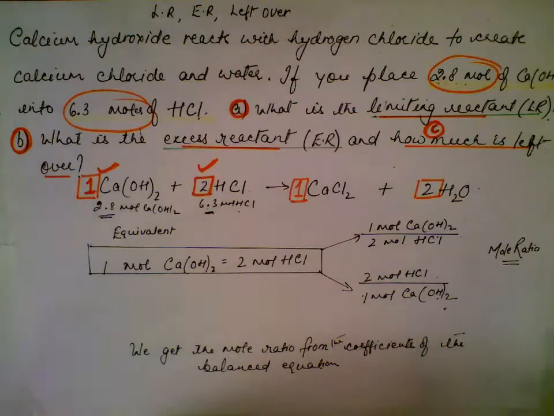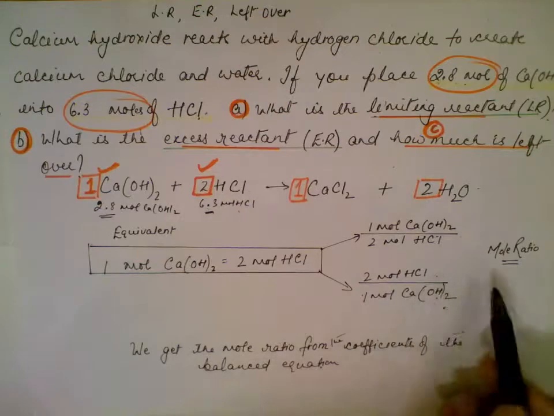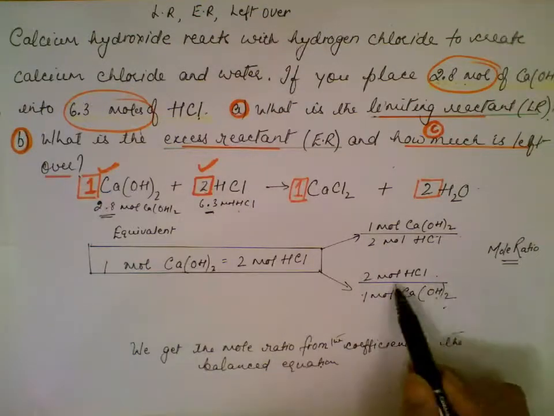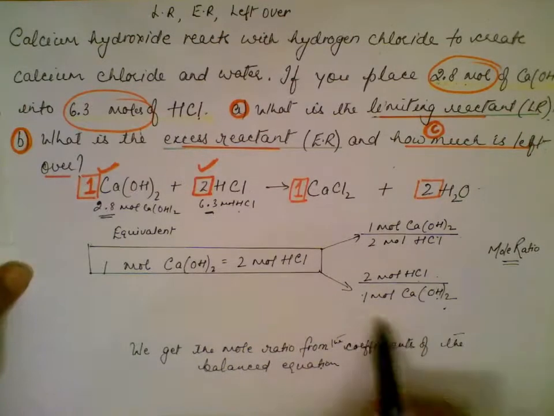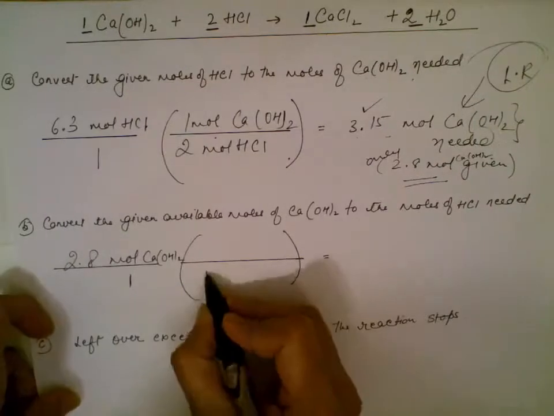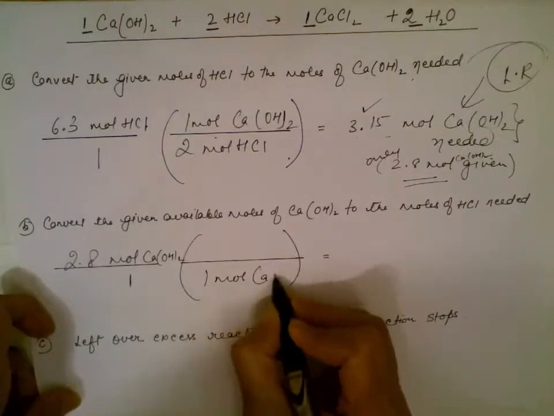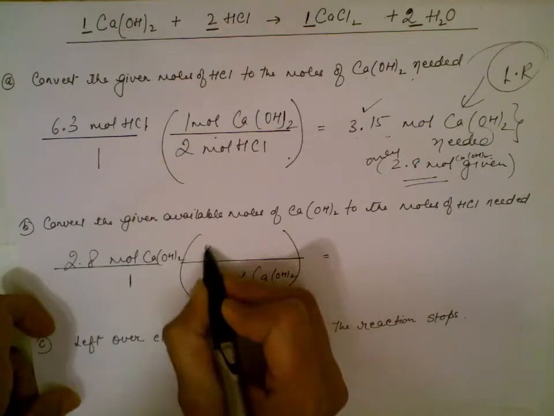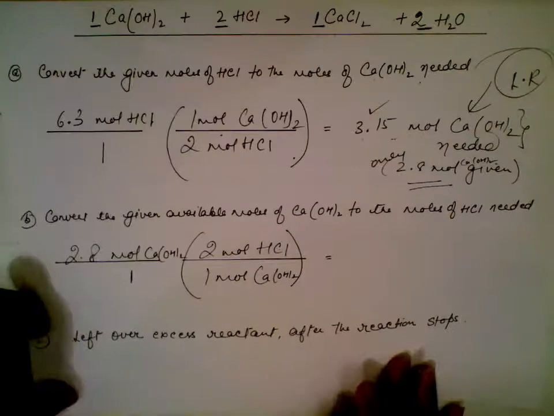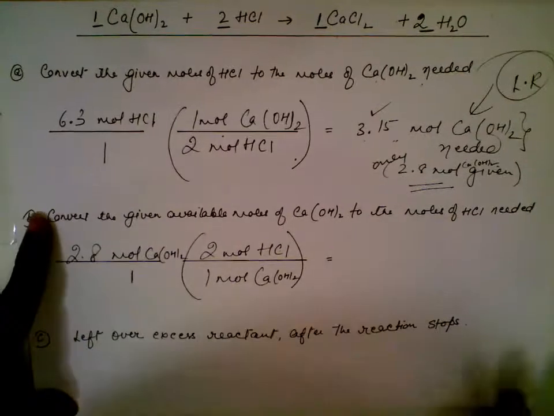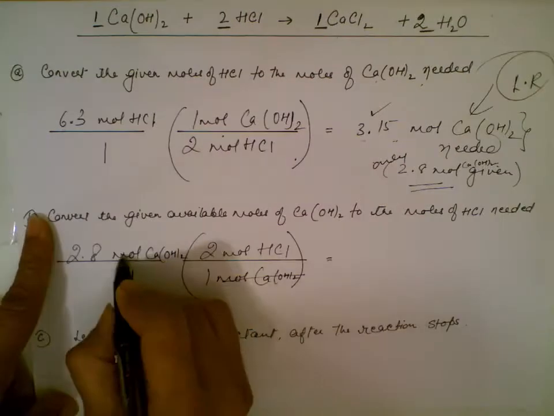Whenever you pick a fraction, you pick the one with the wanted or desired unit at the top, and this is what you want, moles of hydrogen chloride. So now you're going to use this fraction. Okay, so here you go. For every 1 mole of calcium hydroxide used, we consume 2 moles of hydrogen chloride for this reaction to occur. Now when you solve it, cancel the same units.